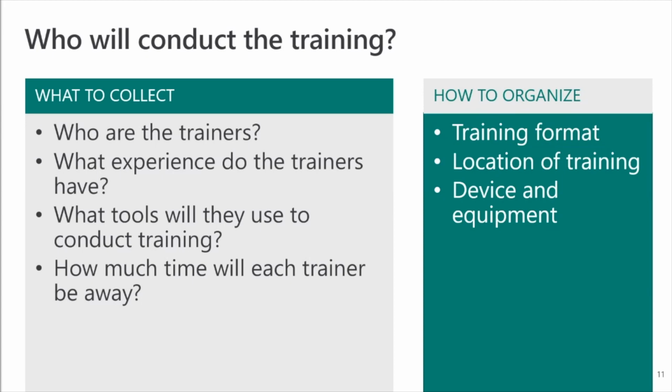So again, you're going to want to organize by the training formats and the locations where the training is happening, because if your trainers need to move from facility to facility, you'll need to account for that in your plan and in your communication with your trainers.